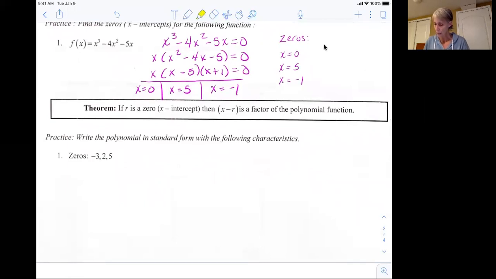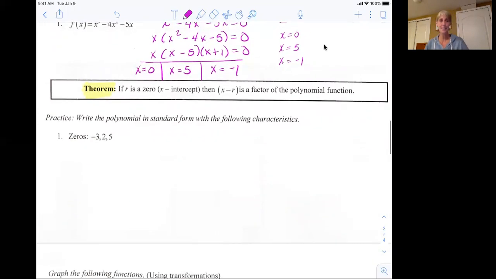This leads to a very important theorem, and again, something you've talked about in previous classes. If r is a 0, or an x-intercept, so to speak, then x minus r is a factor. So if I give you zeros, you can work backwards and find that polynomial, which is what we're going to do in this example. So if I list your zeros as -3, 2, and 5, this means I can write a function.